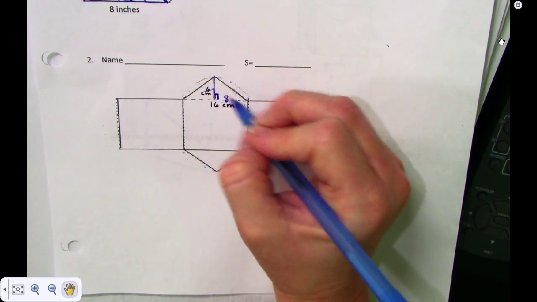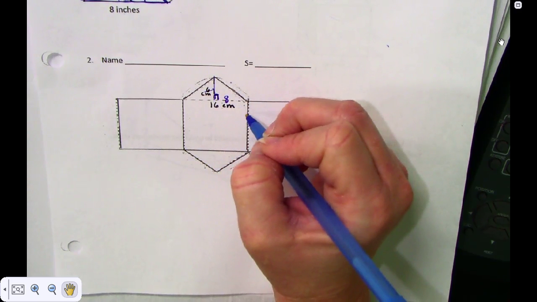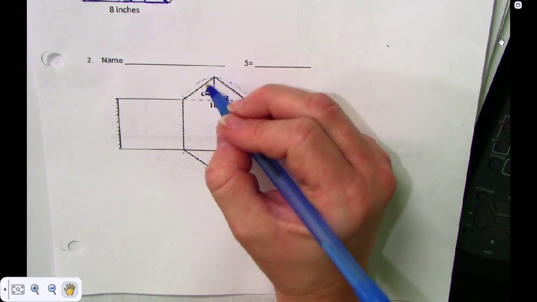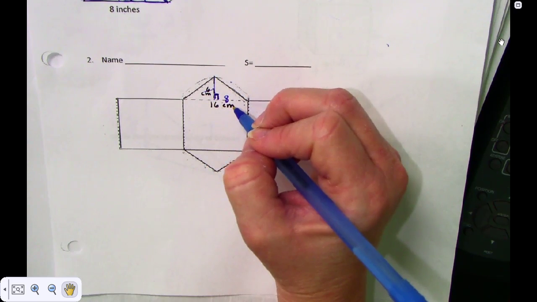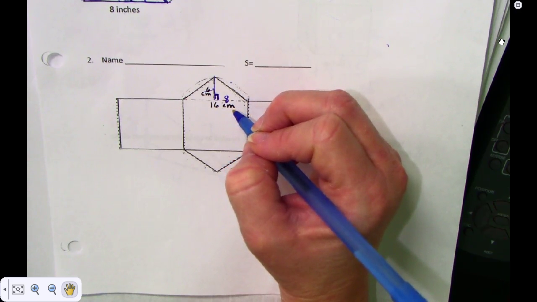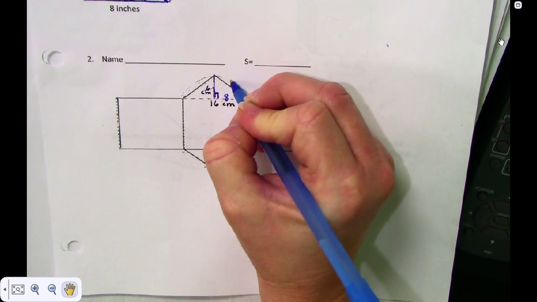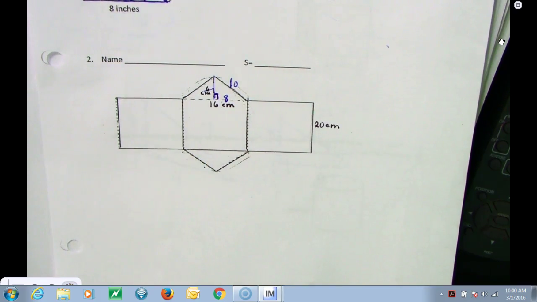So it can't be 8. It can't be 7. Where did y'all get 7 from? I got 6, 7, 8. Well, but the longest side has to be C. Nope. Why is it 10?